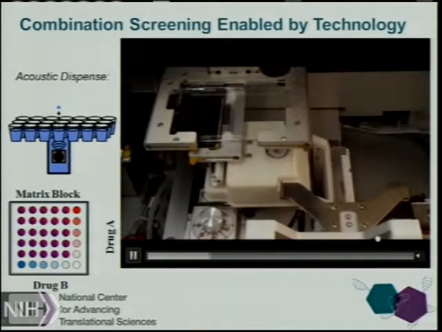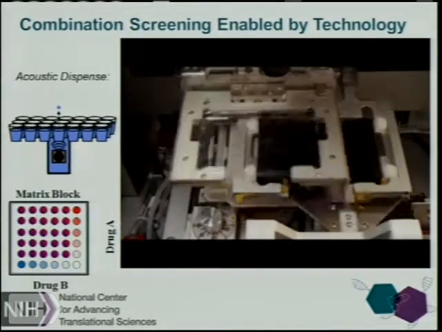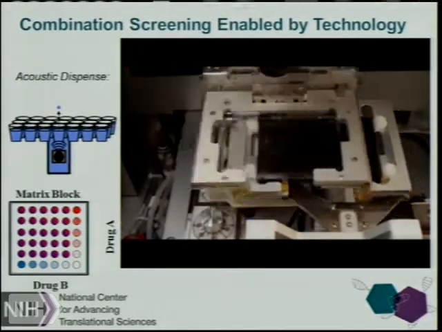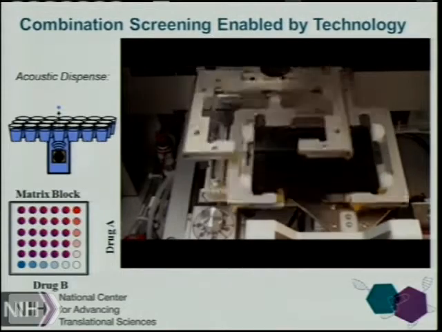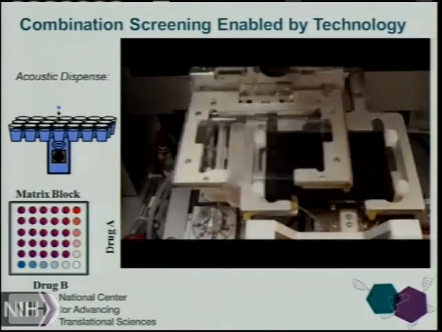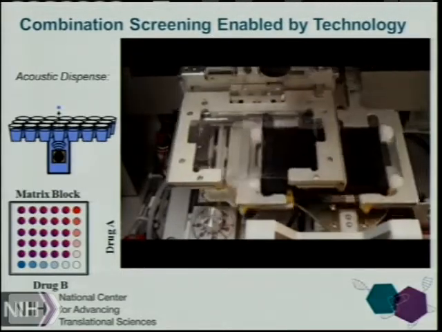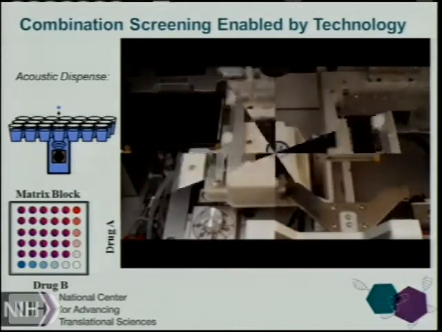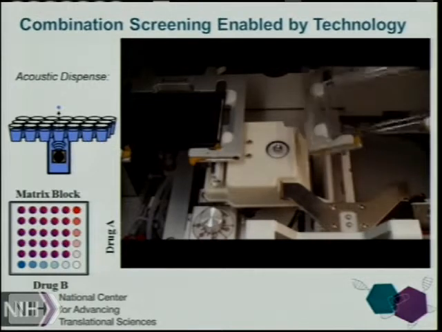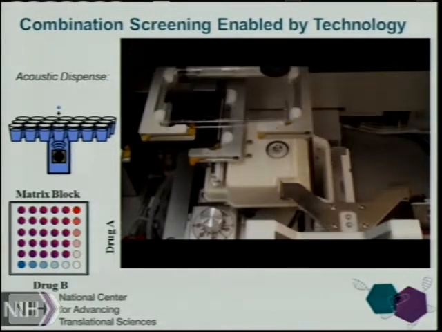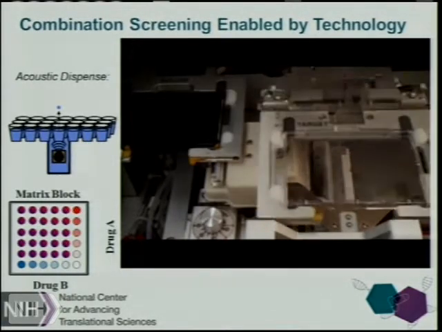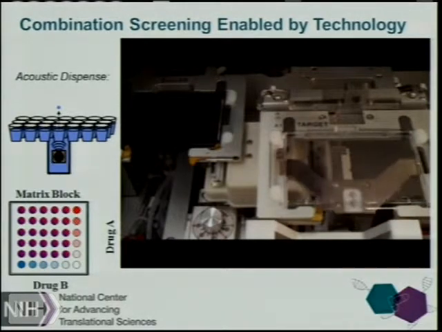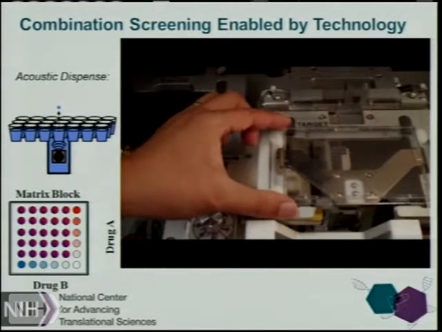The system is completely contactless, so the recipient is on top here, and this is not a plate, it's just a plate lid for demonstration purposes. The source is the black plate on the bottom, and then of course the recipient plate is turned right side up and can be processed further by adding cells to it.